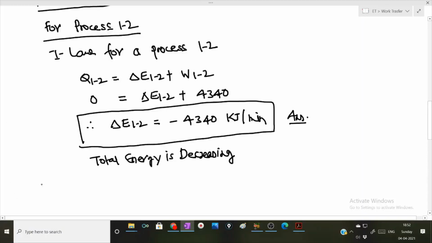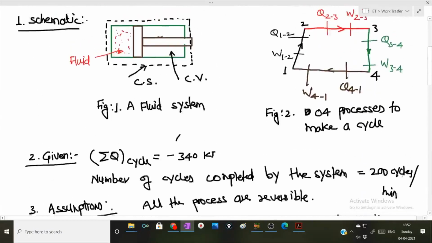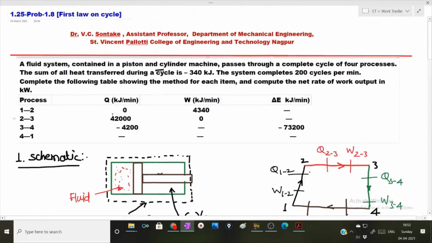Now similarly for process 2 to 3, I can apply the first law. Q23 is equal to delta E23 plus W23. Once again, if you refer to the table, Q23 is 42,000 and W23 is 0.